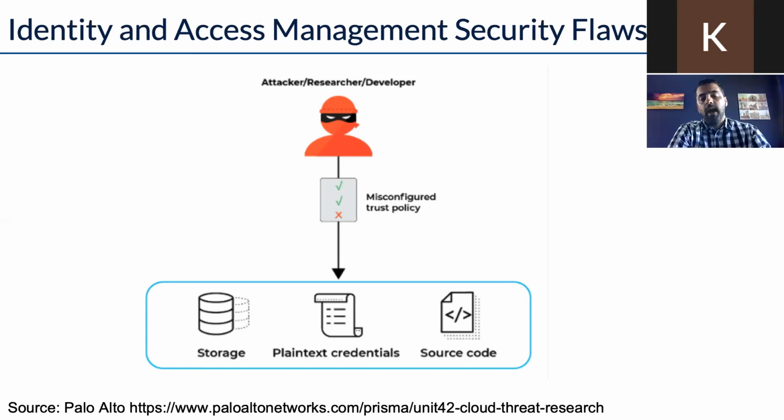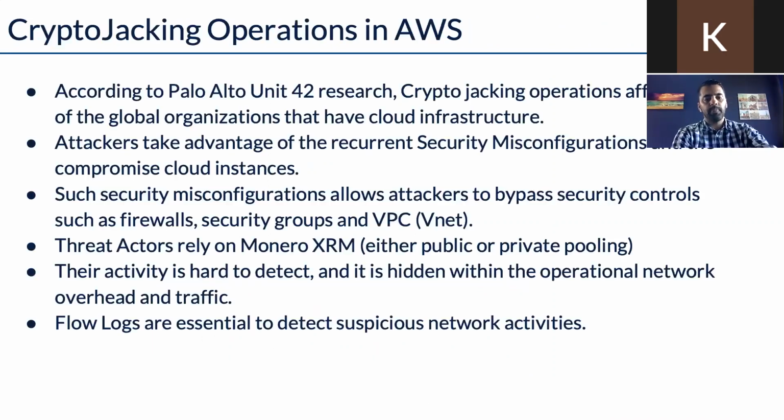After that, they can have access to sensitive information stored in private buckets, plain credentials if they are stored in plain text, and even secrets or intellectual property such as source code or repositories. So it's basically one of the avenues by which threat actors compromise the organization, by taking advantage of security misconfigurations. Another threat that Palo Alto highlights is the evolving cryptojacking, right?